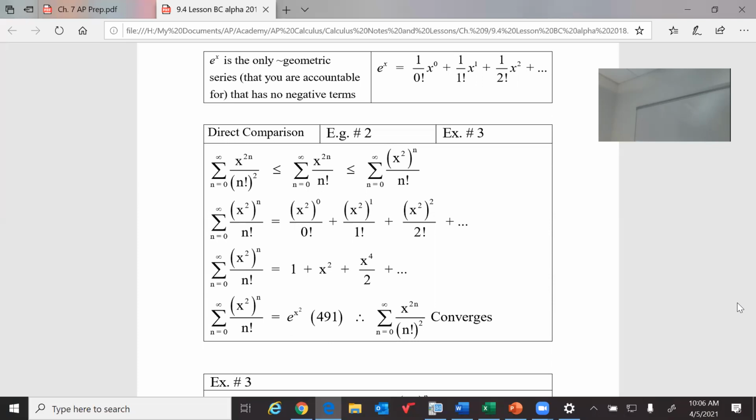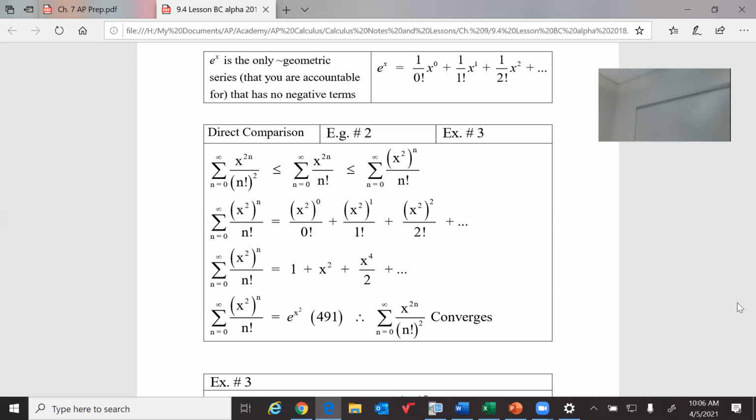So this thing right here is the expansion of e to the x, where you substituted an x squared for x. And this thing that we started with has a larger denominator. So it's like the picture in the PowerPoint. If we know that e to the x converges, and this series is less than it, then it necessarily converges. Okay?